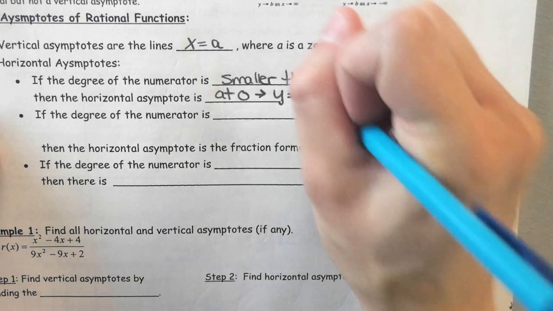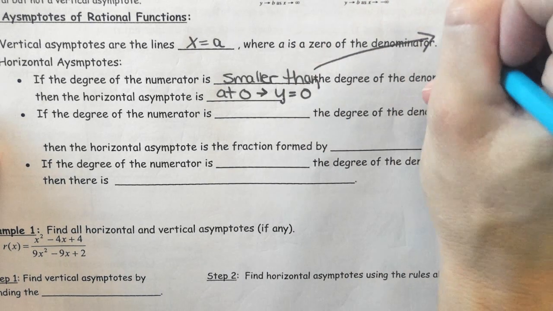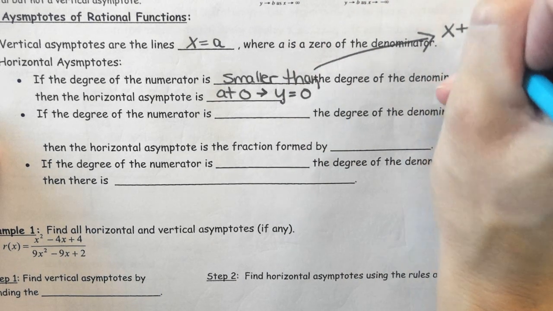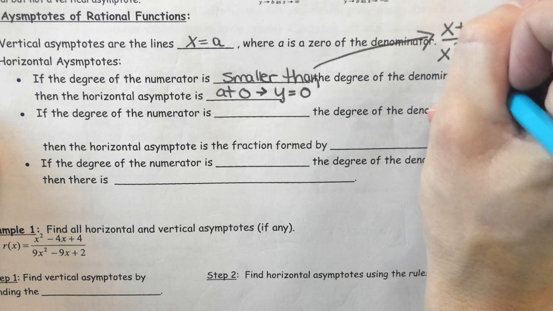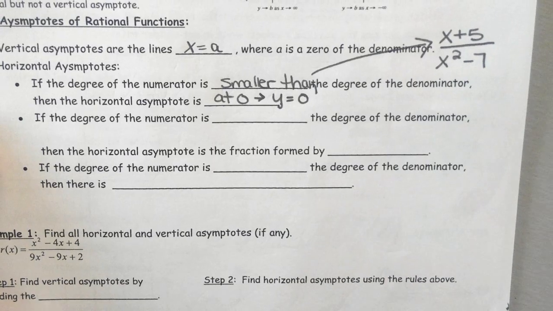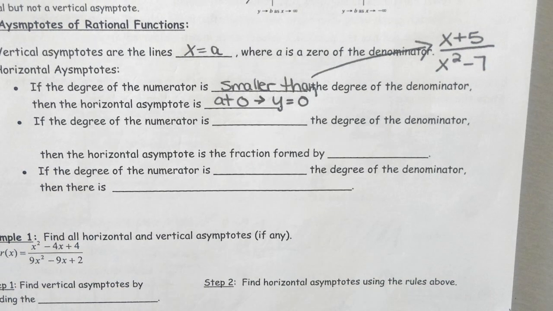So if you have a numerator where the degree is smaller, it could look like this. There are obviously infinitely many examples out there in the world. Here's one of them. Do you see how the degree of my numerator is smaller than the denominator? Yeah. So if the degree of the numerator is smaller than the denominator, I have an asymptote at 0. Okay? Let's look at the next option.